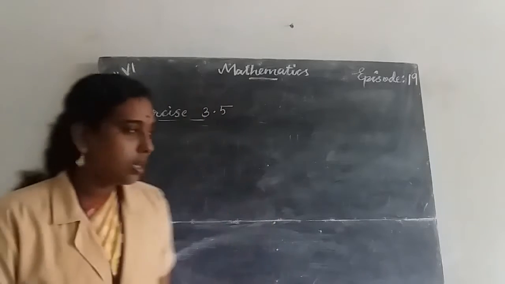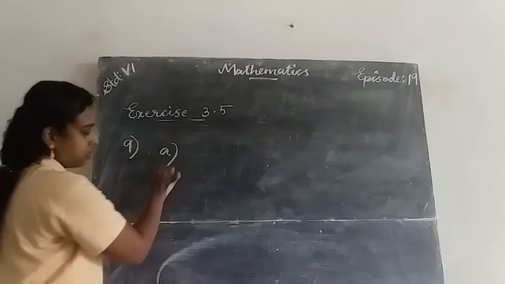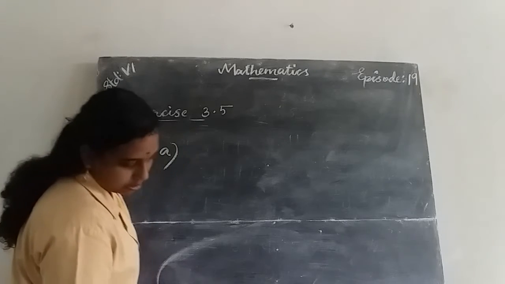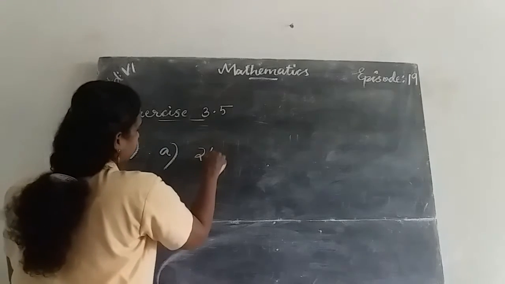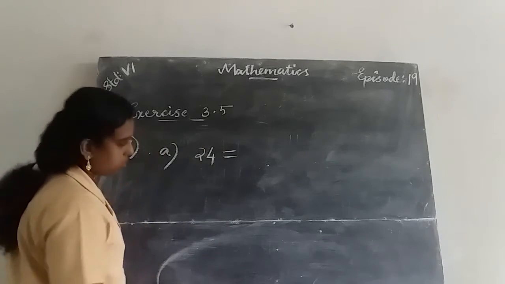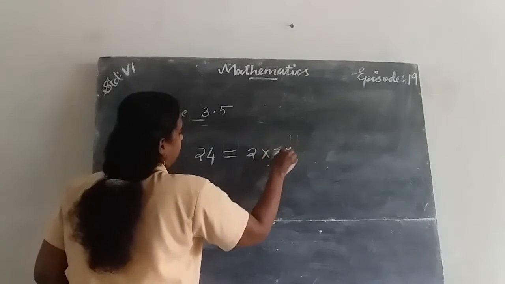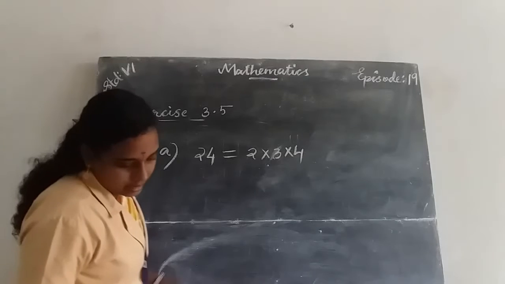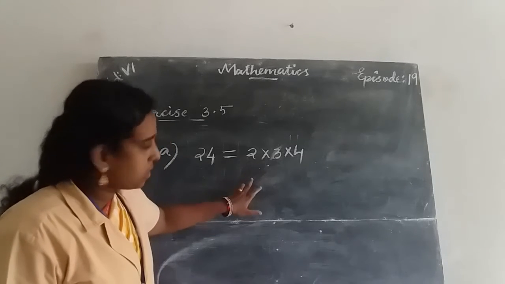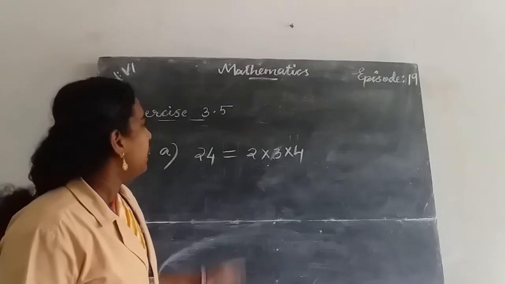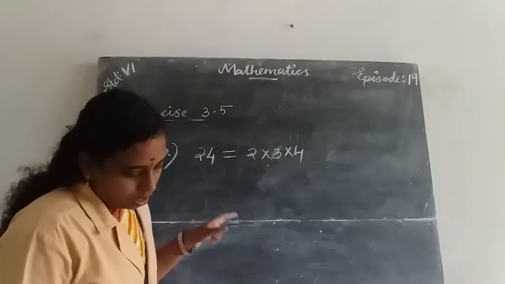Option A: prime factorization of 24 is equal to 3 into 4. Has prime factorization been done in this expression or not?